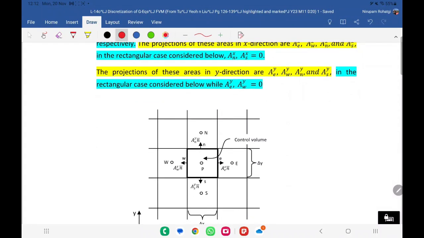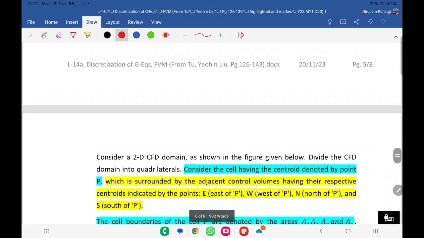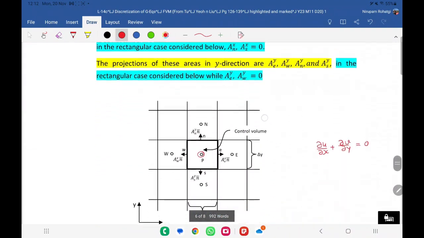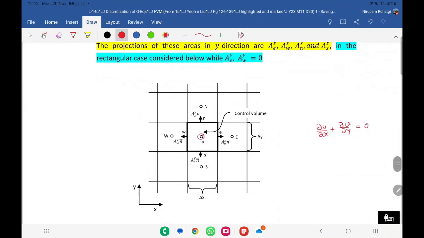What we are solving at this point is the equation del u by del x plus del u by del y over del v by del y is equal to 0. I think this is the equation, right? And we are applying it here on this point, P.